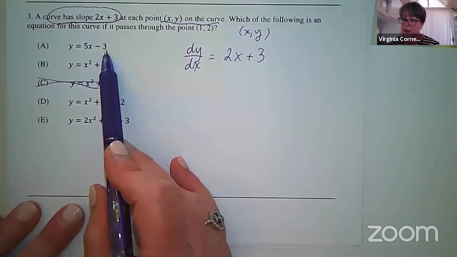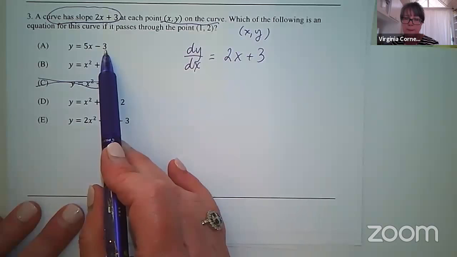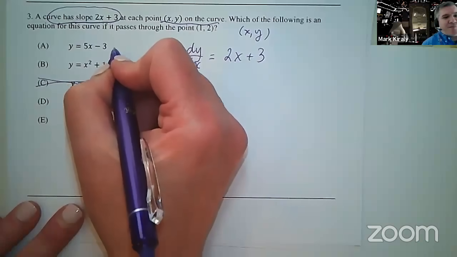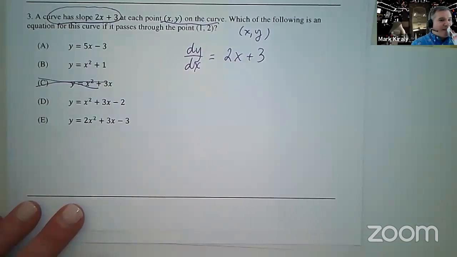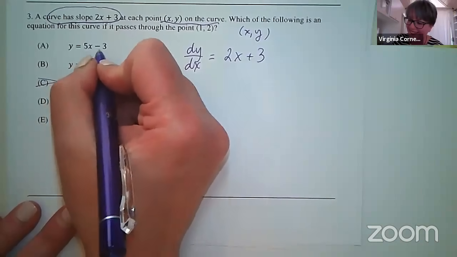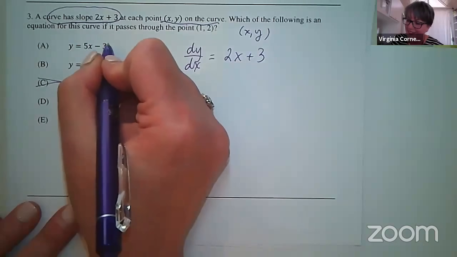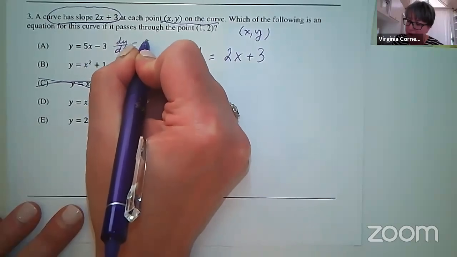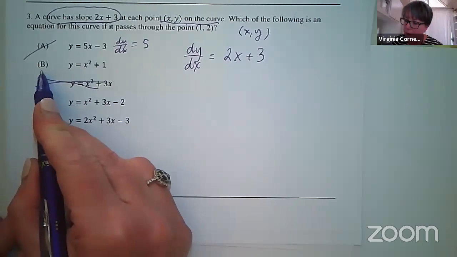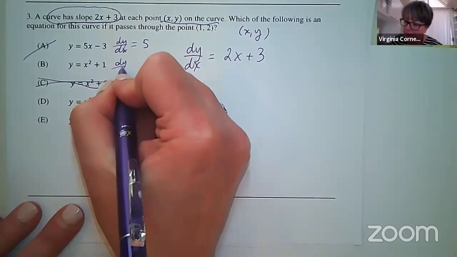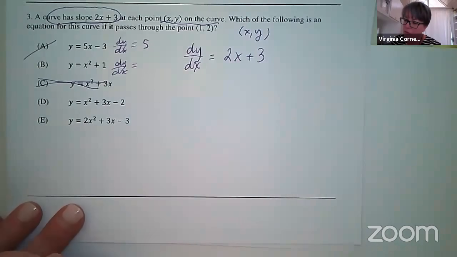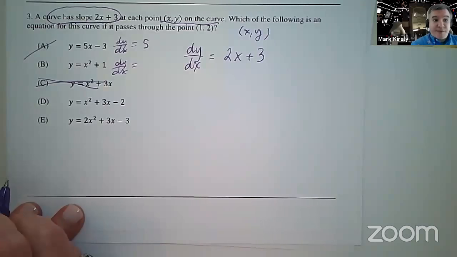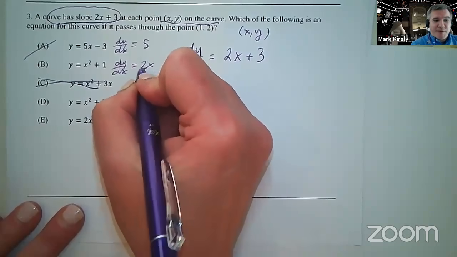Well, certainly not A. What's dy dx for A? Yeah, so here dy dx is 5. So that's not right. What about for B? What's dy dx? 2x, thank you, plus 0.